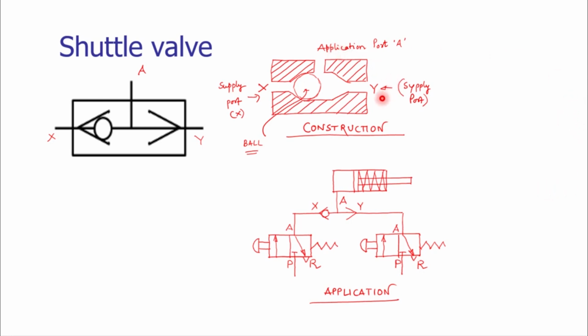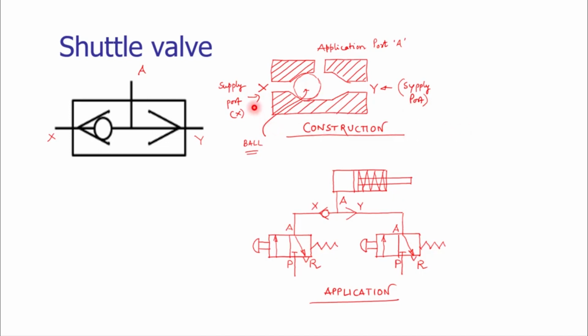The shuttle valve has three ports: port X, port Y, and the application port A. At port X, the supply from one valve is given, and at port Y, another supply will be given by the other valve. Port X and port Y get their input from different valves.